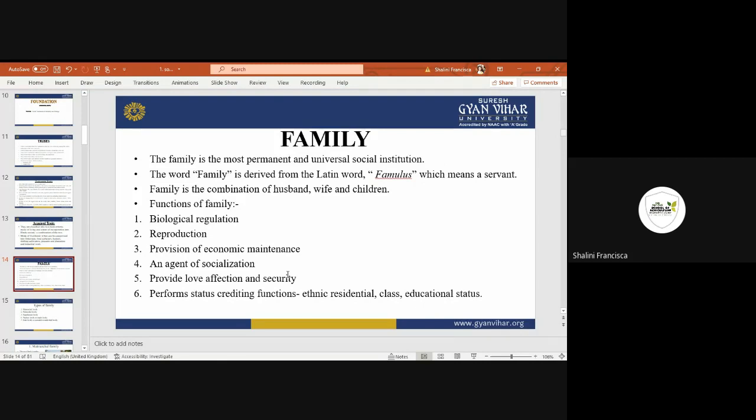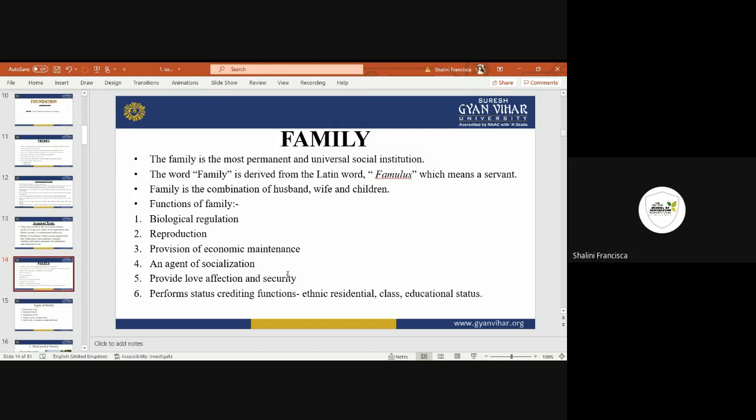The biological way is to keep their name for future generations also. Whatever feelings people have for each other, they come together in unity and become a family. Then reproduction is the second part, to extend their family name.